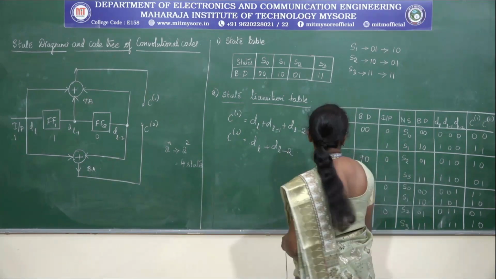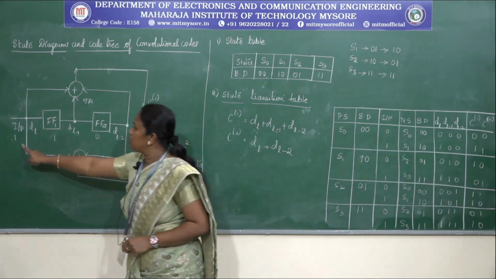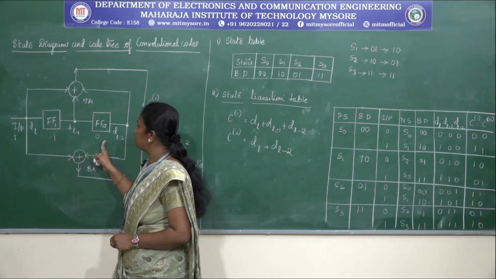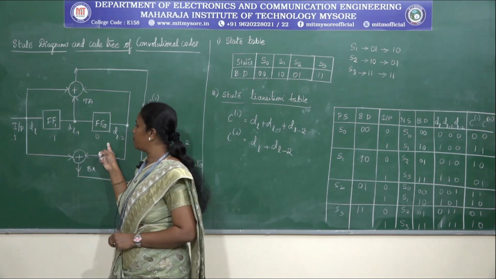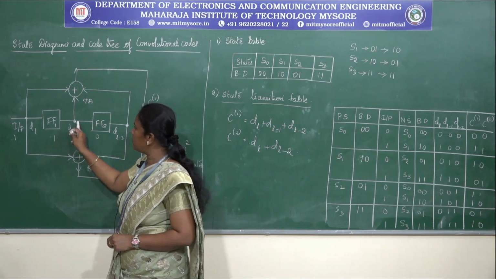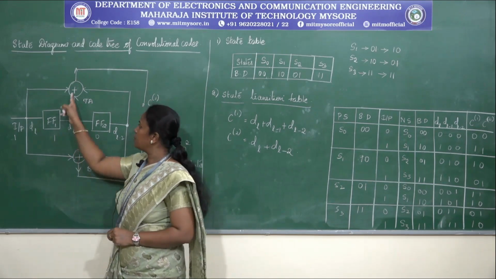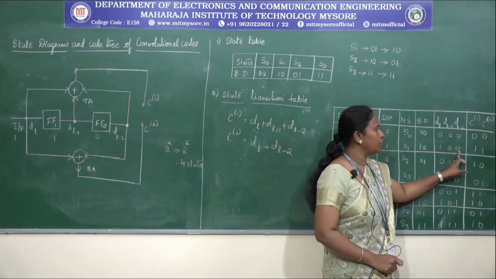Then the contents of DL, DL minus 1 and DL minus 2 will be: this is 1, and the outputted bit which is shifted out of the flip-flop is 0. We need to consider that with respect to this particular adder. So that's why you get 1 0 0.